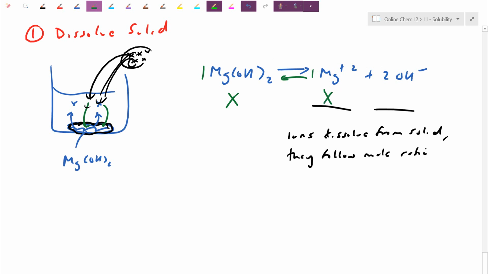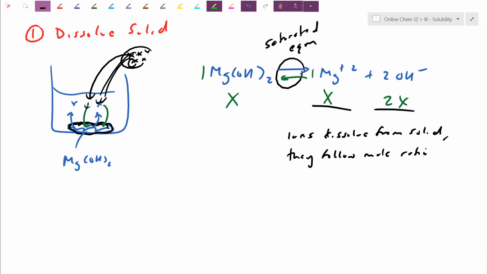I'm going to get X of magnesium and 2X of hydroxide. Now, truth be told, for any powder that actually ends up dissolving, that powder is actually gone. But remember, saturated means we are in equilibrium. Even at equilibrium, even after subtracting off how much is actually broken off, I still have to have undissolved material present. Okay, so that's the easier way of doing the problem here.